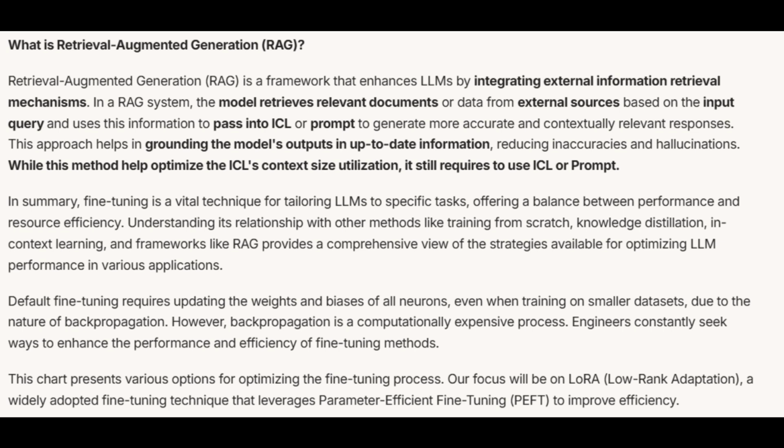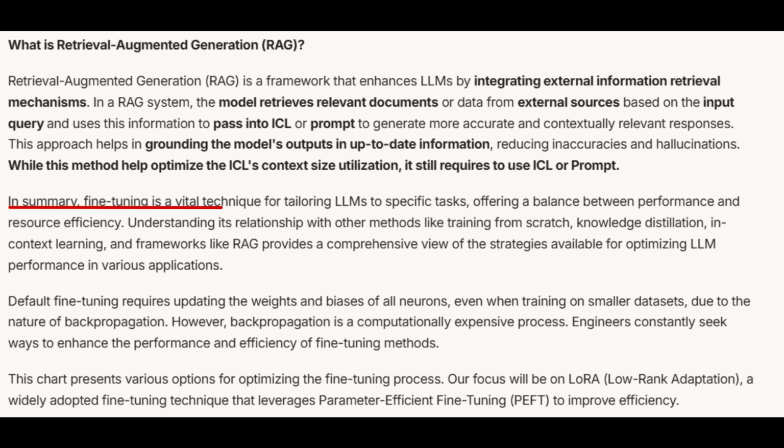In a RAG system, the model retrieves relevant documents or data from external sources based on the input query and uses this information to pass into ICL or the prompt to generate more accurate and contextually relevant responses. This approach helps in grounding the model's outputs in up-to-date information, reducing inaccuracies and hallucinations. While this method helps optimize the ICL's context size utilization, it still requires using ICL or a prompt.